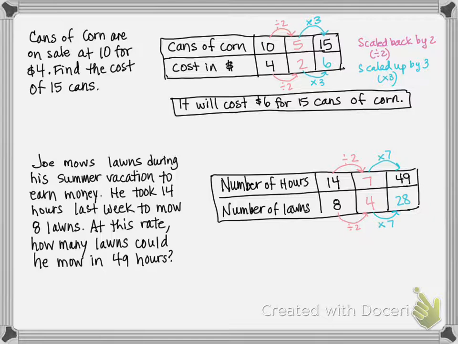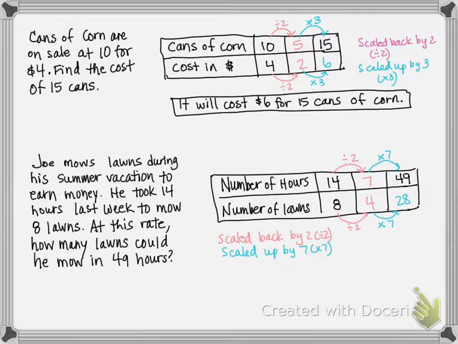So just to recap, we scaled back by 2, so we divided by 2, and then we scaled up by 7, and that meant we multiplied by 7, okay?